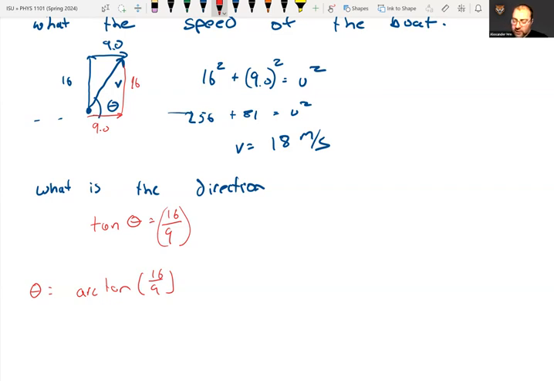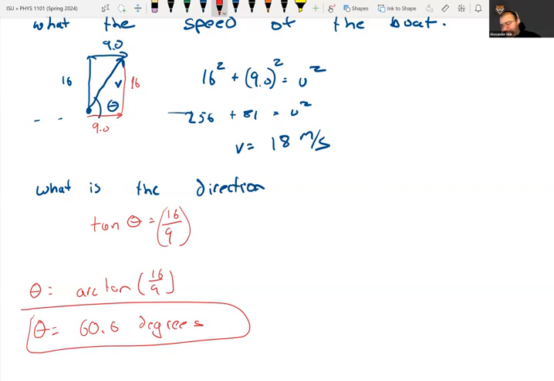And when you get that, you end up with theta equals 60.6 degrees. When it comes to the arctan operation, I'd typically just round to one decimal place. It seems to be pretty reasonable. So that is how you would do that one.